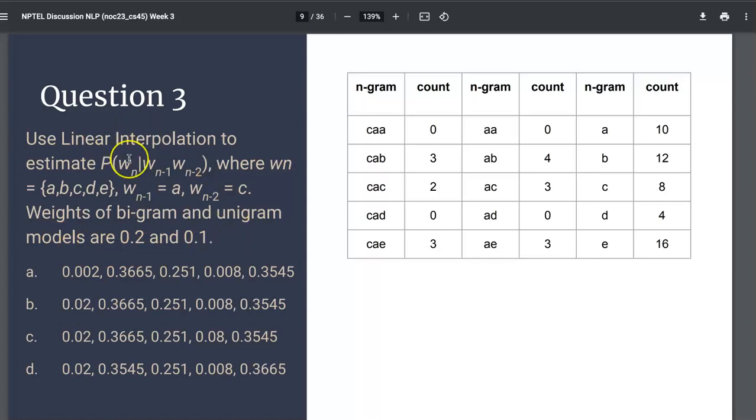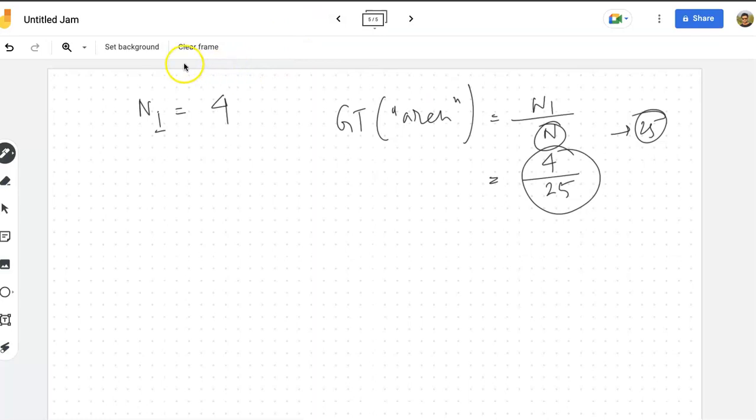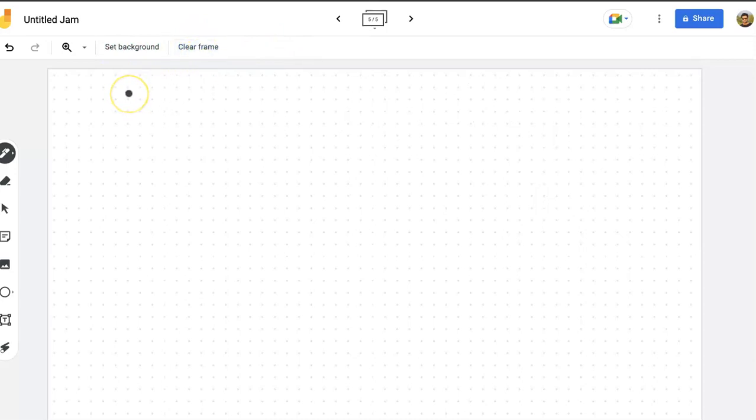But before going to the question, let's recap what the linear interpolation estimate is. Let's go to the slide. Let's clear it. What is the continuation probability?